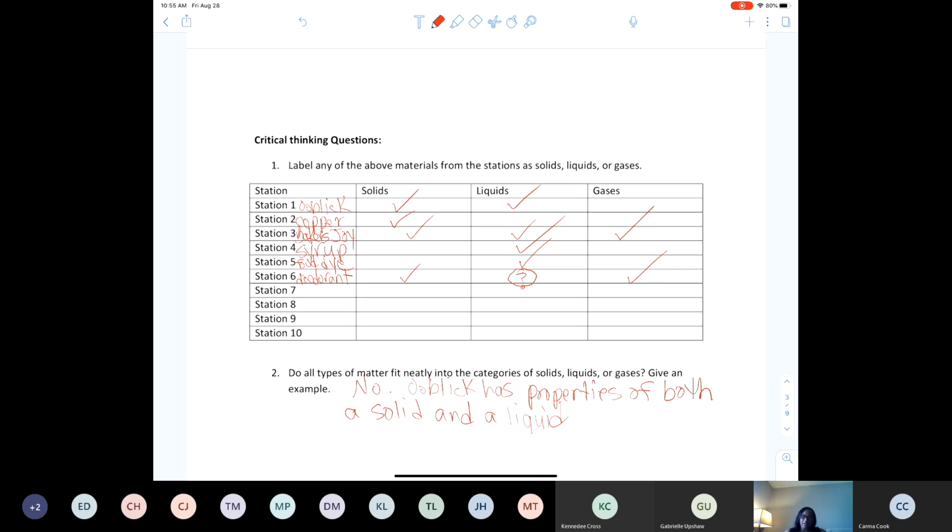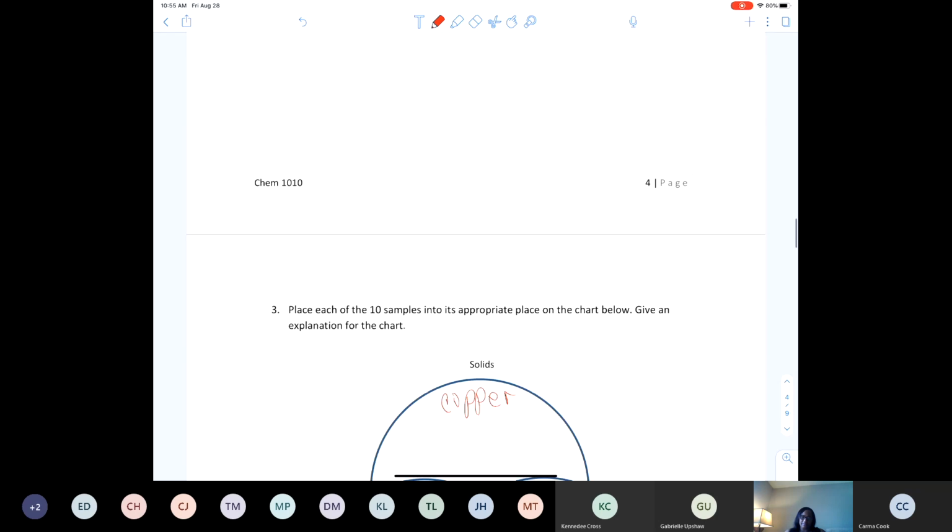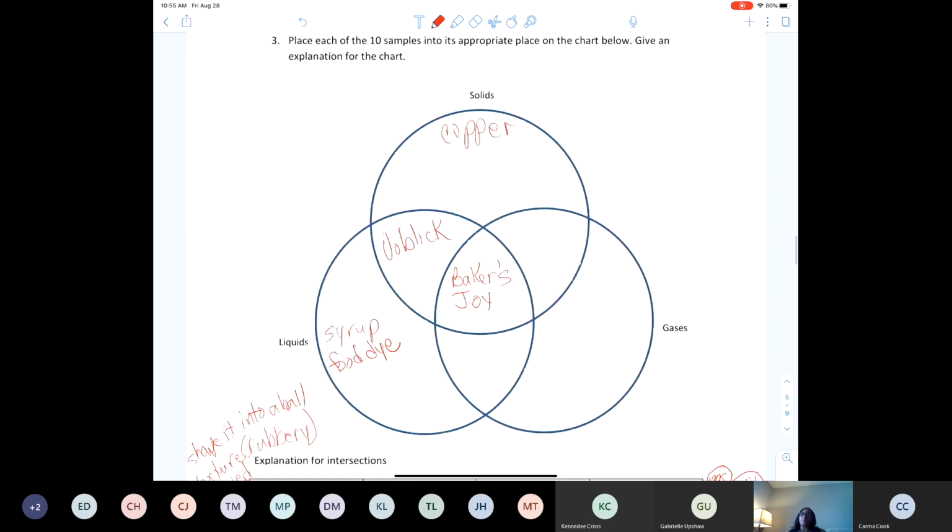So I would definitely feel comfortable putting it in 2 categories, the solid and gas, because there are some components in the deodorant that do vaporize at room temperature. So I would give you credit if you put it just in the solid and gas area, or if you put it in all 3.